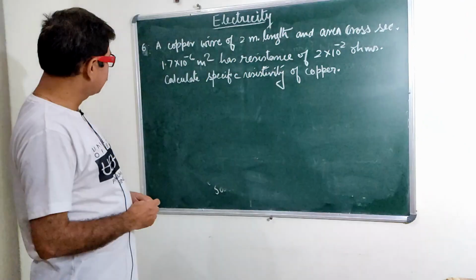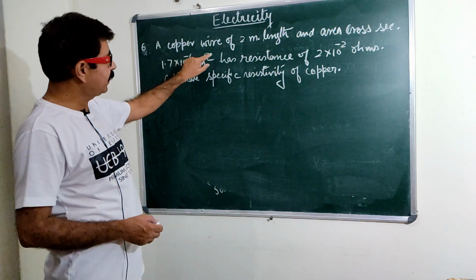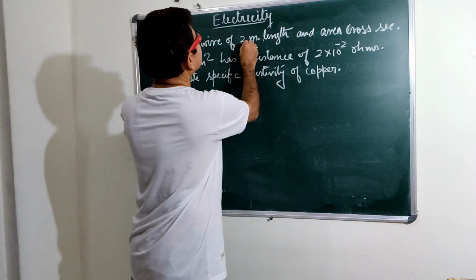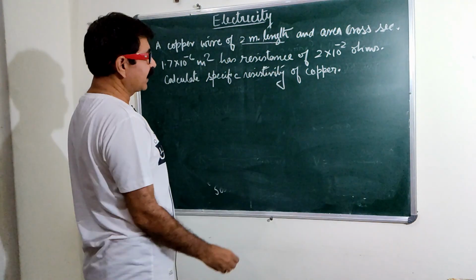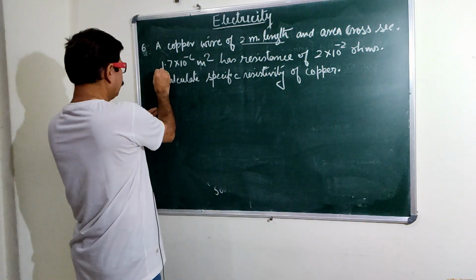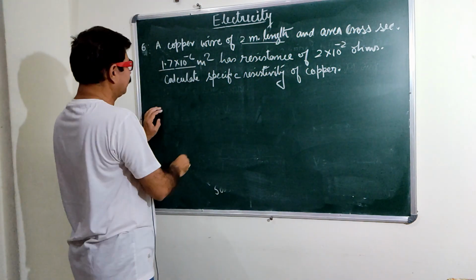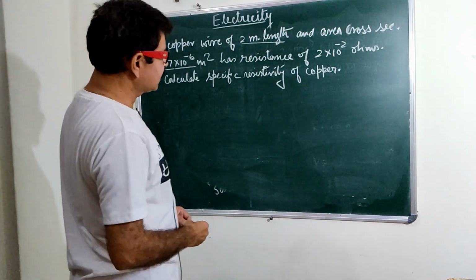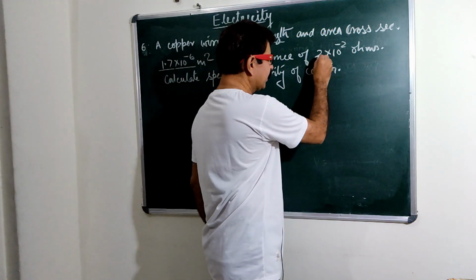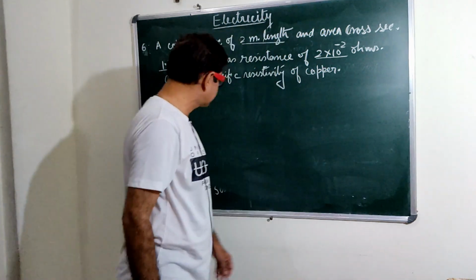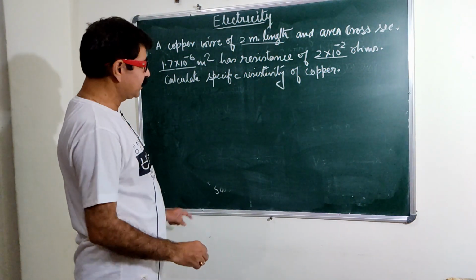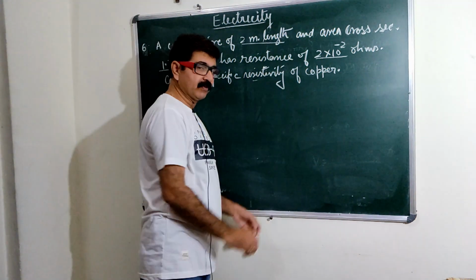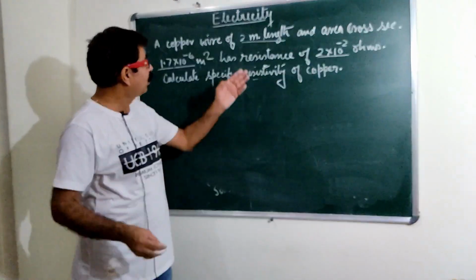In this next numerical, a copper wire 2 meter length has area cross section 1.7 into 10 to power of minus 6 meter square, has resistance of 2 into 10 to power of minus 2 ohms, and we have to calculate its specific resistivity. So again, what is given?